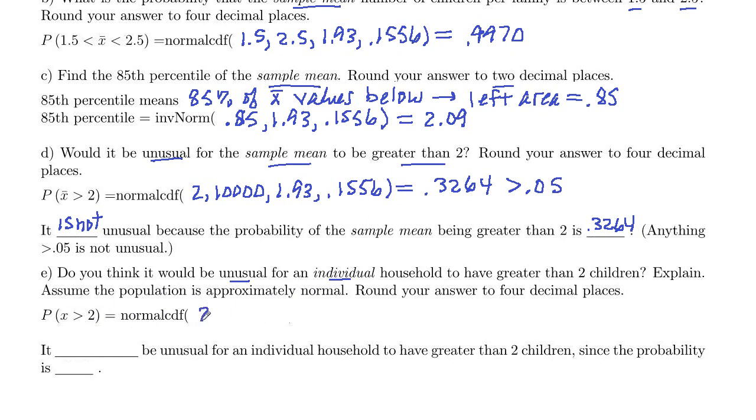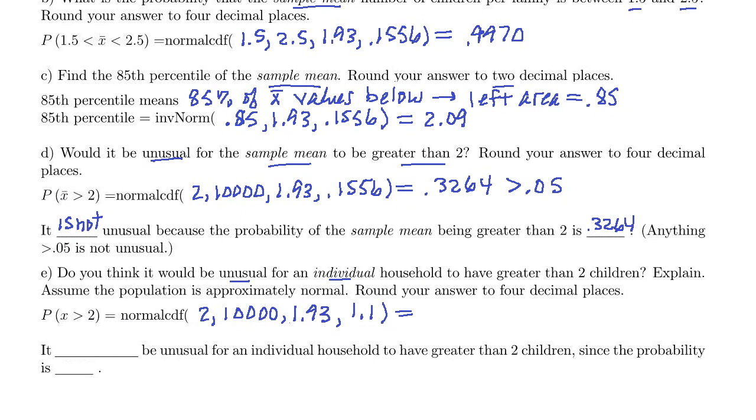So our lower cutoff is 2 in normal CDF. Our upper cutoff, infinity, we'll use 10,000. And then our mean, 1.93. But since it's an individual x value, we use 1.1 for the standard deviation instead of the 0.1556. That's for x bar values.